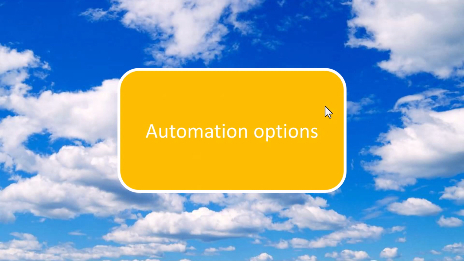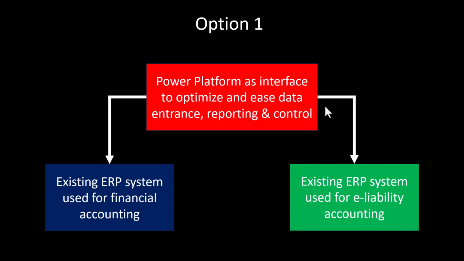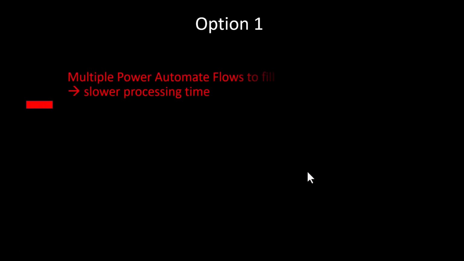Now, in this post, I would like to focus on an example of how we can automate the full process. The first idea, as I mentioned in the beginning, was to create a Power App in the Power Platform with a user interface that fills the accounting system and the other system, or the other company, so to say. I did not do that, because first, if I need to fill different companies, I need multiple flows, and they might be slow compared to running a single flow.